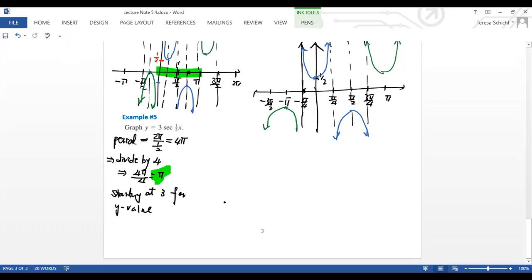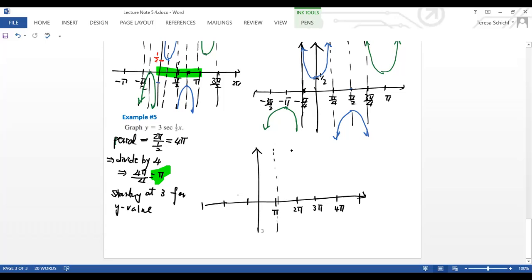Okay, so this is the secant, so it's the reciprocal of the cosine. All right, because the period is 4 pi, so I put here pi, 2 pi, 3 pi, 4 pi. So each one should be a pi.